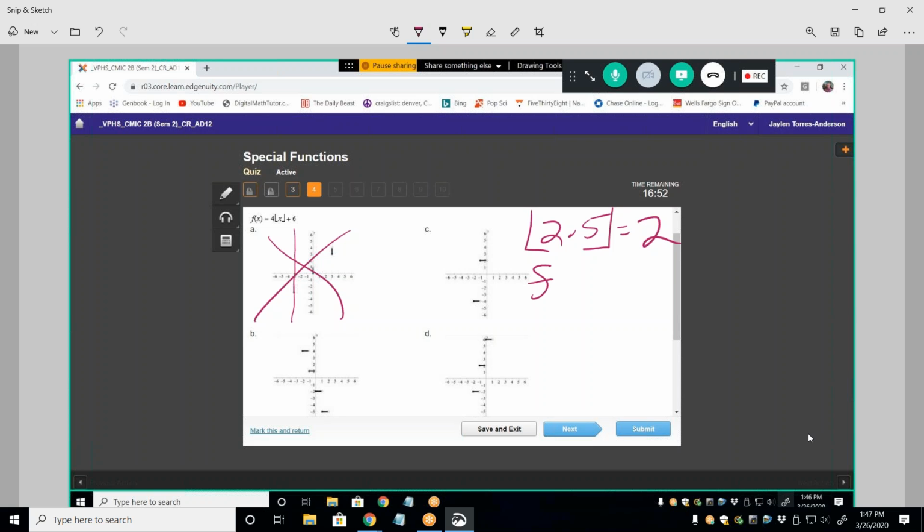So f of 2.5 is 14, right? Well, let's check B. 2.5 is right there. Is f of 2.5 14 in that graph? Now, so that's not right either. We can tell it's way down here. It's negative. Okay. So now let's check C.